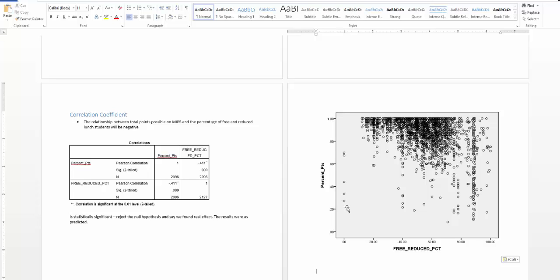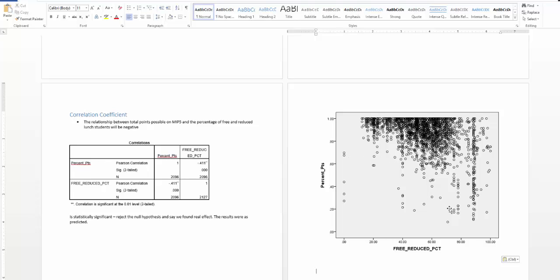And looking at this and looking at our trend in our data, my guess is that this might not be real data. If I were doing this for a project, I would go and look at these 5 schools with free and reduced lunch percentages of 0 and look at them in some detail.